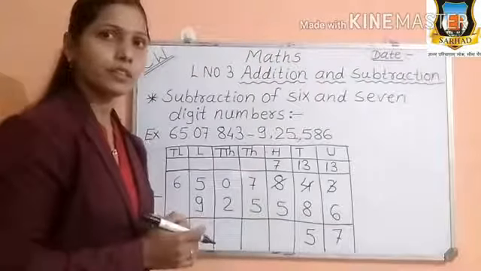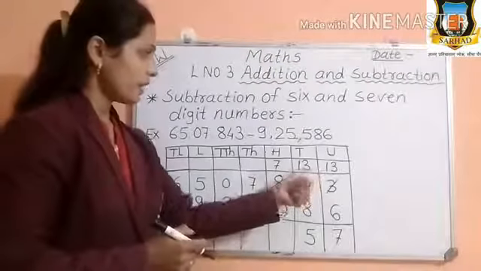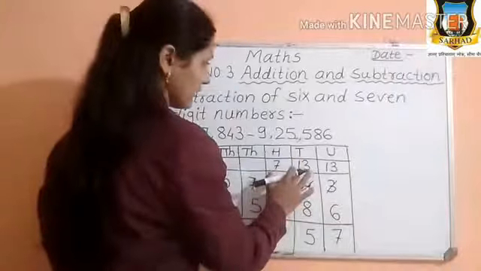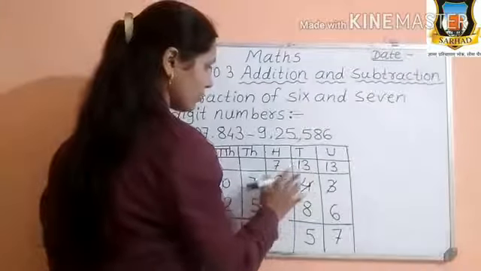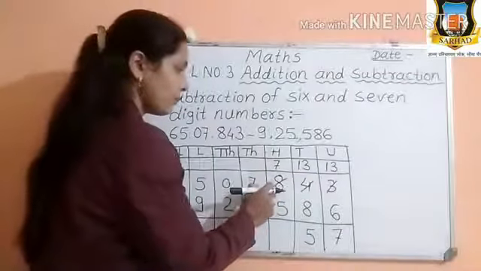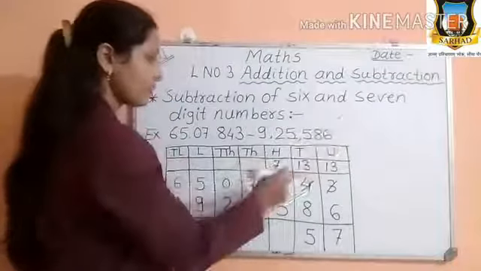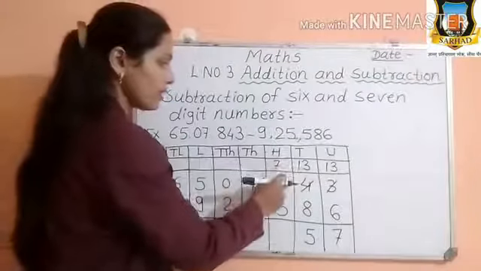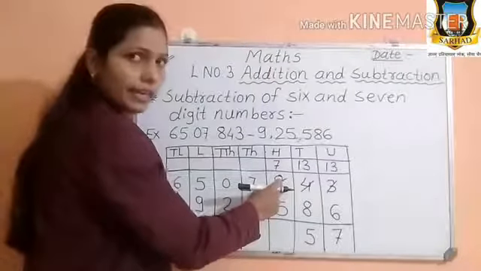What did I do here? See, only 3 was remaining here, so I took one borrow from the next place.